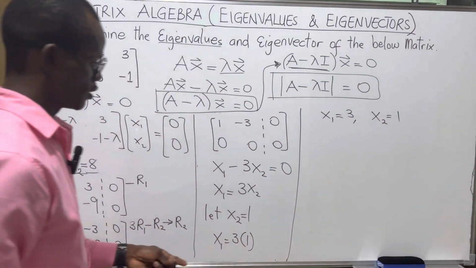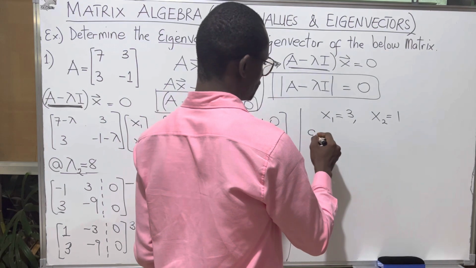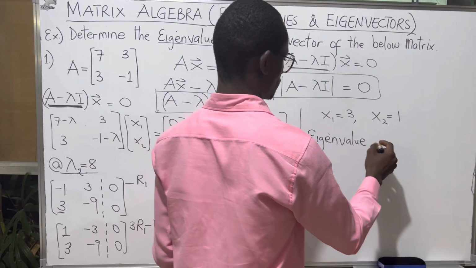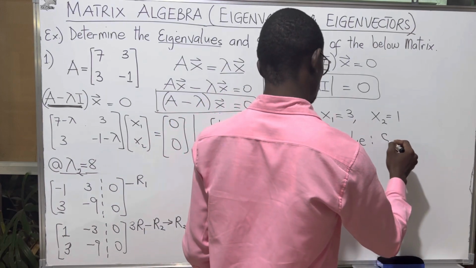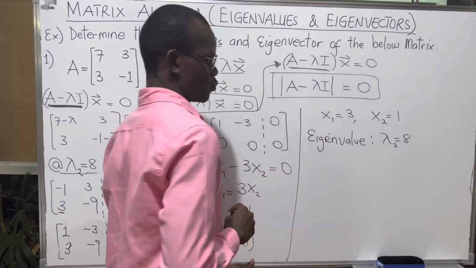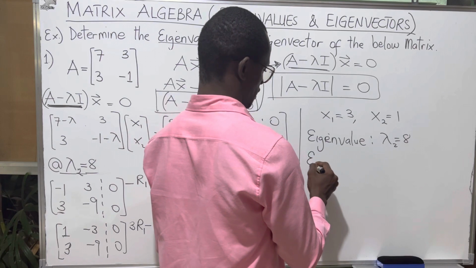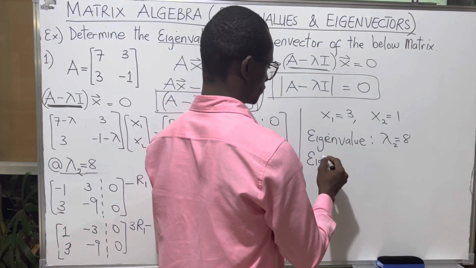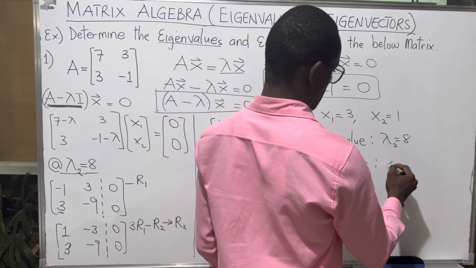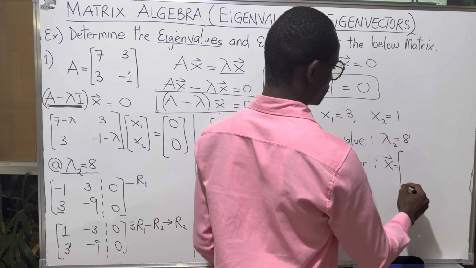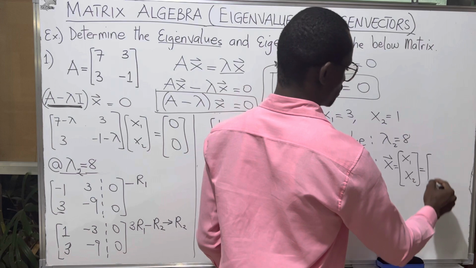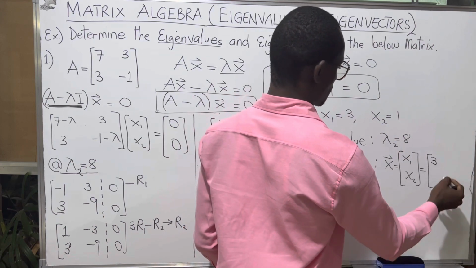So our eigenvalue, positive 8, lambda 2 is equal to positive 8, produces an eigenvector x equal to x1, x2, which is now 3 and 1.